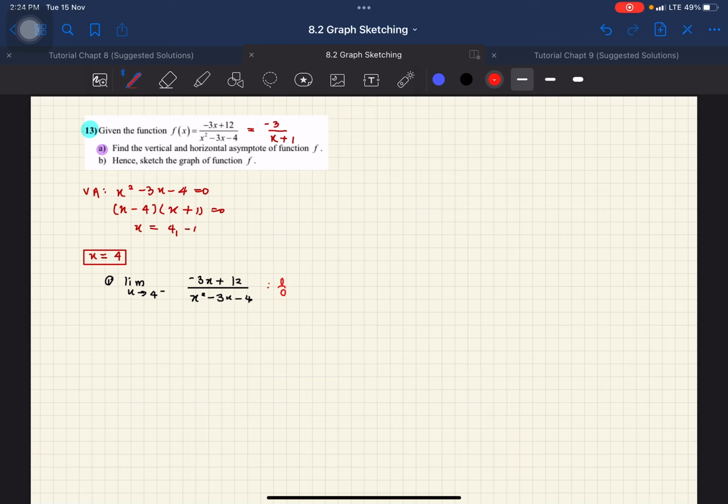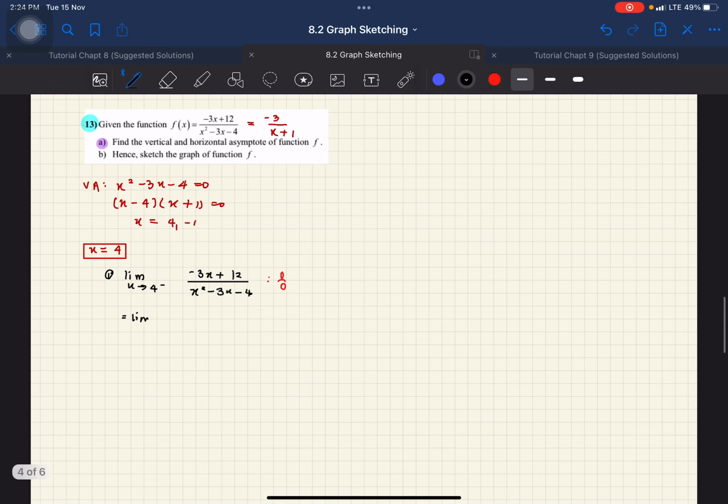You can do either of two things: factorization or the conjugate method. But here there is no square root, so just use the factorization method directly. We factorize whatever we can. Let's factorize the numerator first. I get limit as x approaches 4 from the left; the numerator, I take out negative 3, so I get x minus 4.